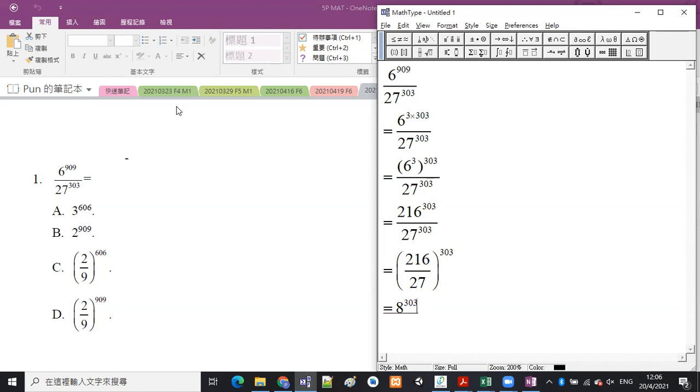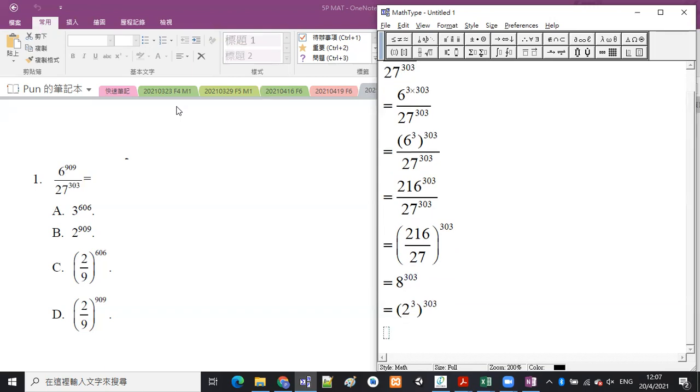And then you cannot find any options. Okay, but when you see the number 8, if you are doing enough drilling about the laws of index, you will know the 8 can be changed to 2 to the power 3. You know this 2 to the power 3 is equal to 8. Now change the 8 to be 2 to the power 3 and then to the power 303.